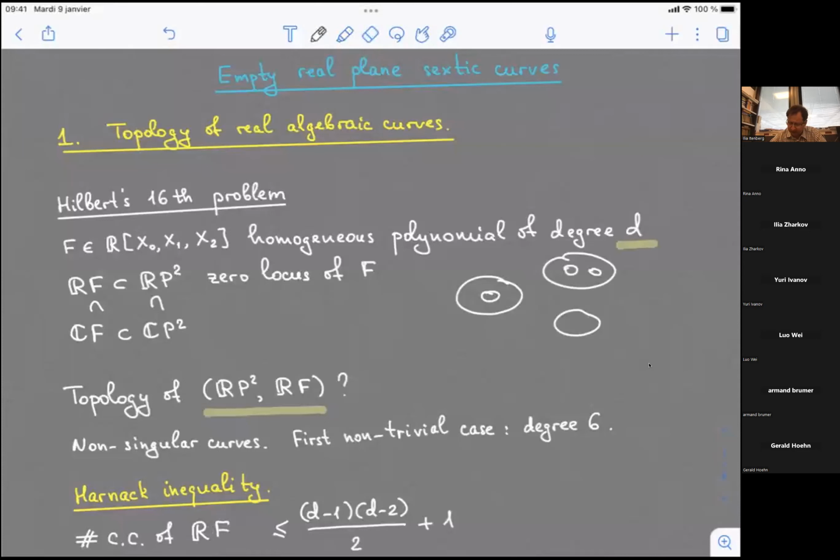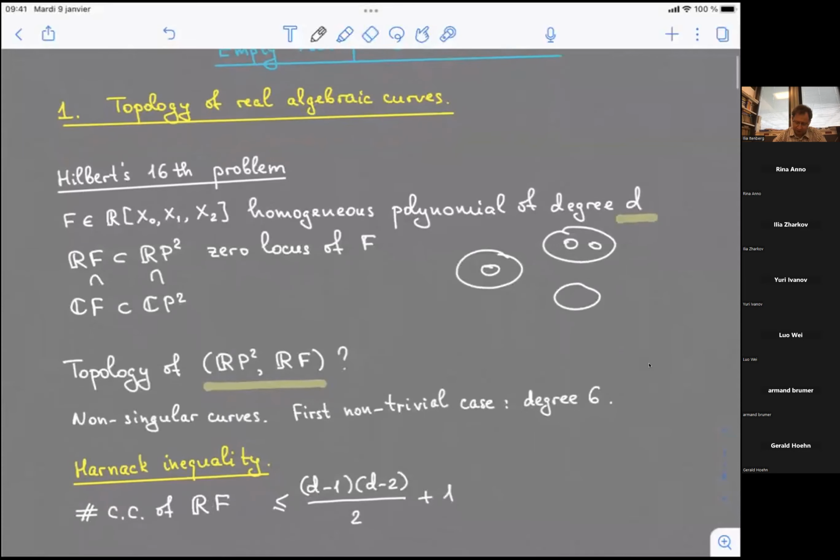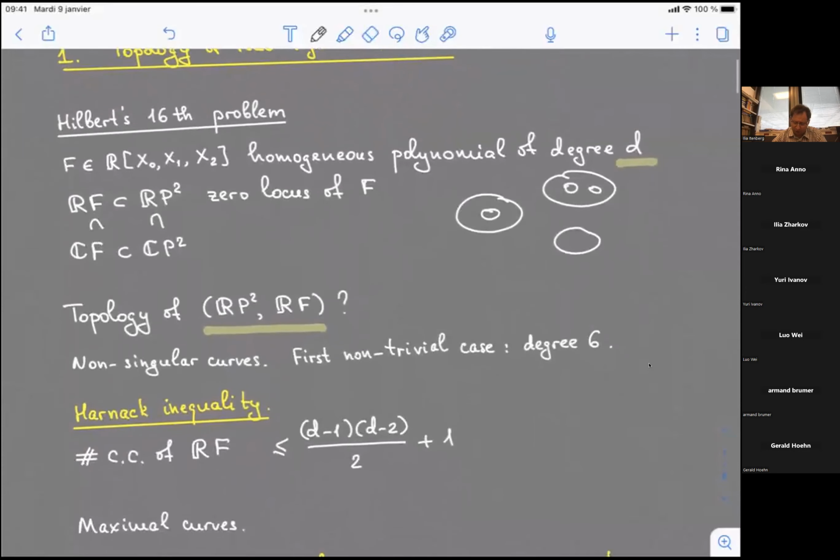And Harnack, in fact, not only proved this inequality, but he also proved that this upper bound is sharp in any degree. And so this is what is called maximal curves. So we say that a curve is maximal if the number of connected components of the real point set of this curve is equal to (d minus 1)(d minus 2)/2 plus 1.